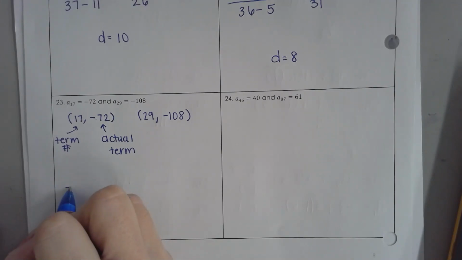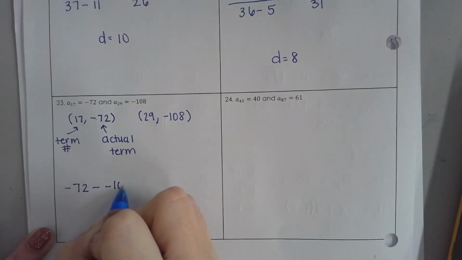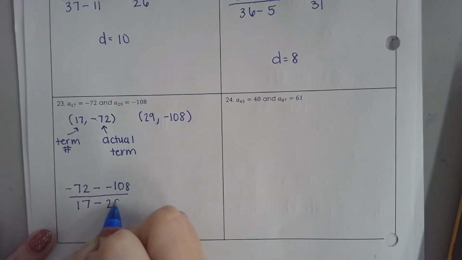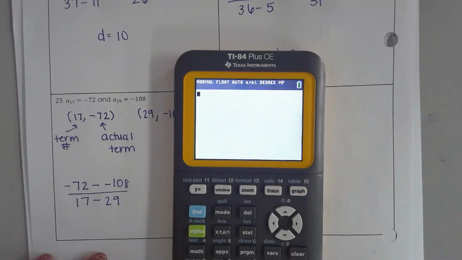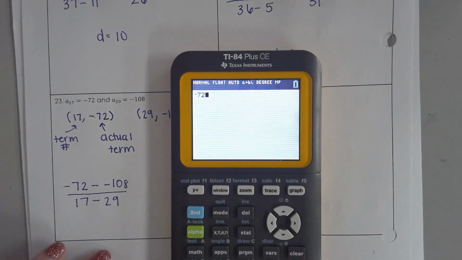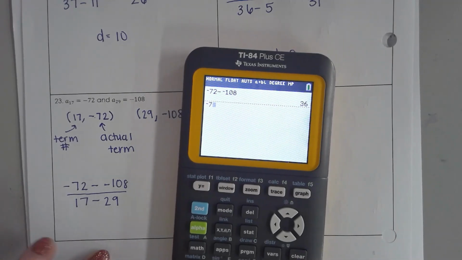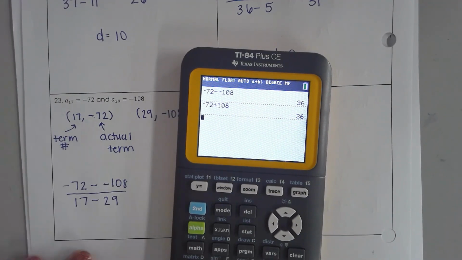So we do negative 72 minus negative 108. Wouldn't it just be plus? Yes, it would just be plus. If you do minus negative 108, it is the same. Either way, you get 36.